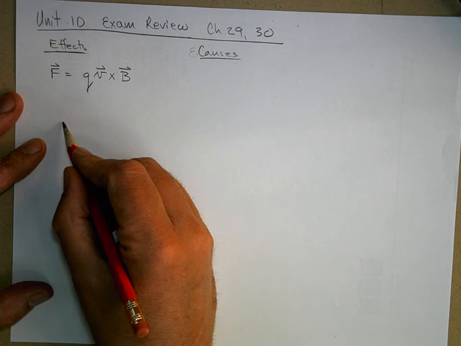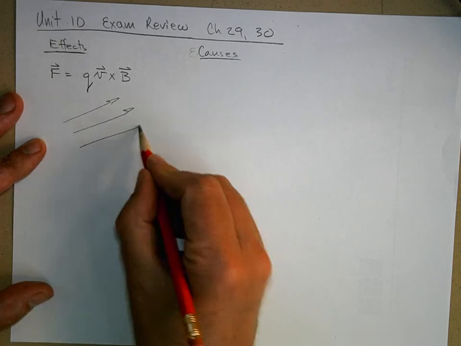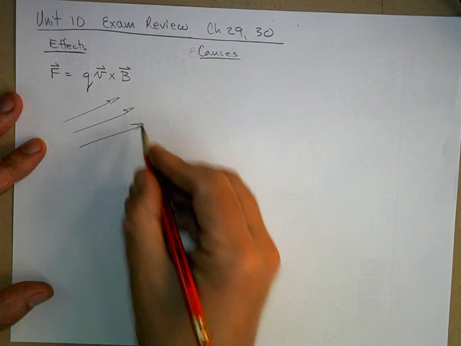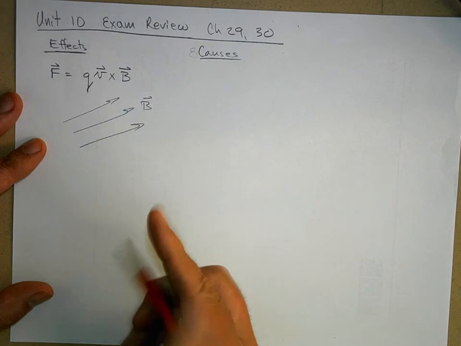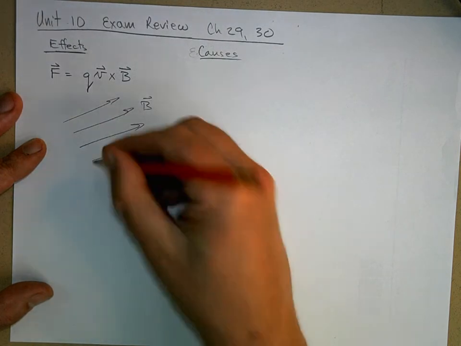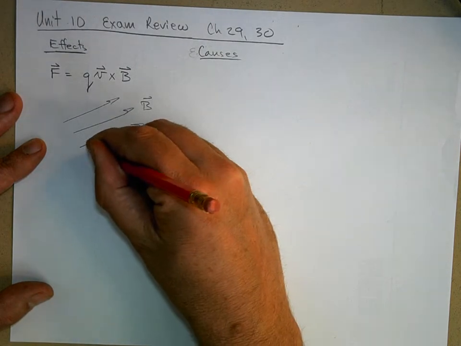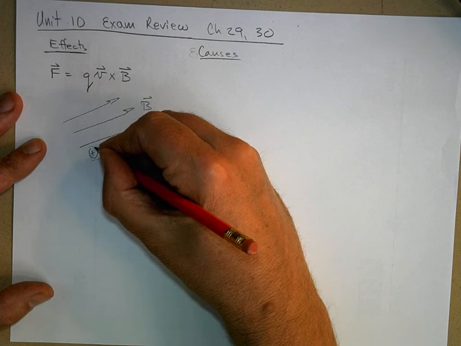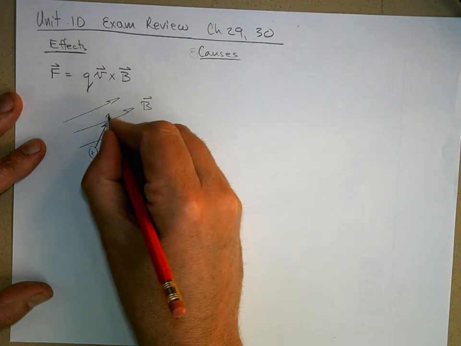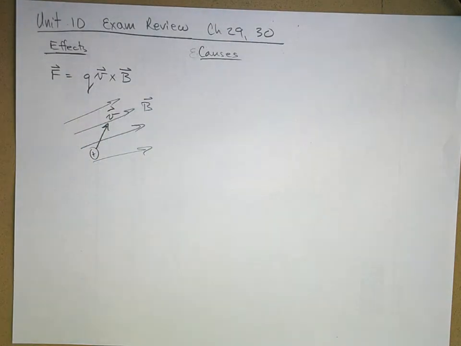One of the things you'll be expected to do: if you have a magnetic field, here's 3 lines of magnetic flux, and a charged particle, say a positive charge, moving like this, what is the direction of the force?